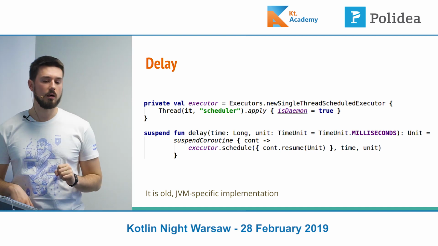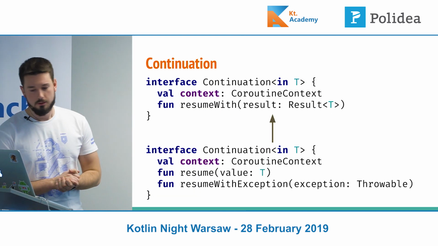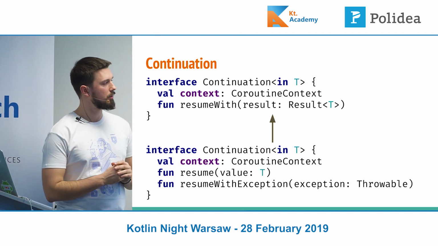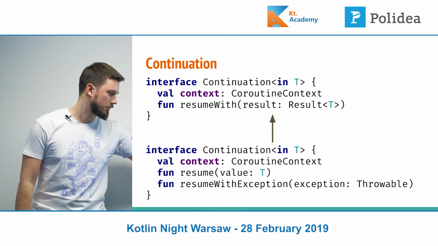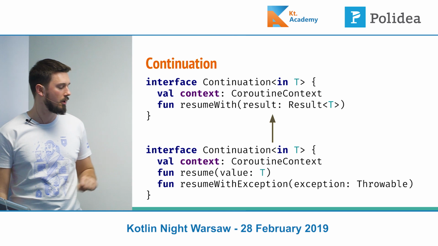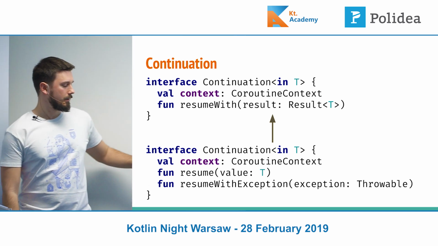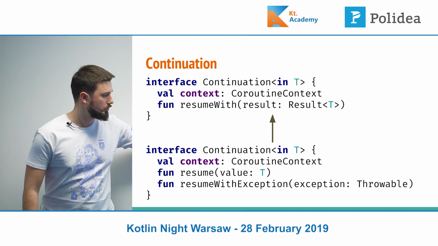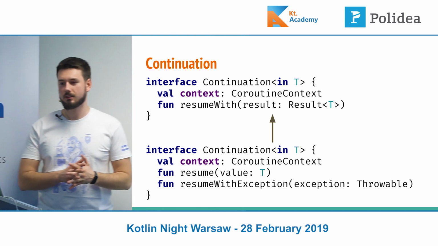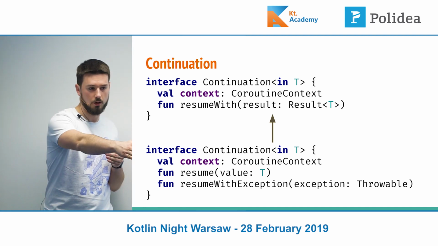Every continuation implements an interface. This is exactly how it looks. This is the new look, this is the old look, but you can still use resume and resumeWithException thanks to extension functions. This is easier to discuss. So a continuation contains the rest of the state to be resumed when we want to go on.